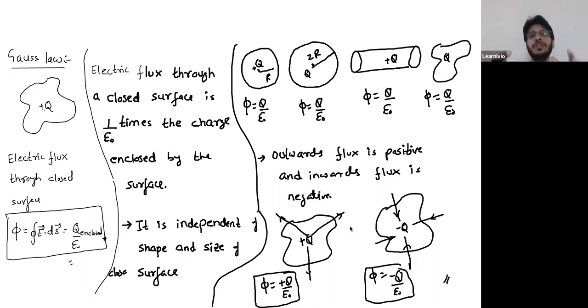And if, instead of a positive charge, you take a negative charge and place that negative charge inside the closed surface, then instead of moving outwards, field lines will enter the closed surface and your flux will be negative. So flux moving out of the surface is positive, while flux moving inwards is negative.